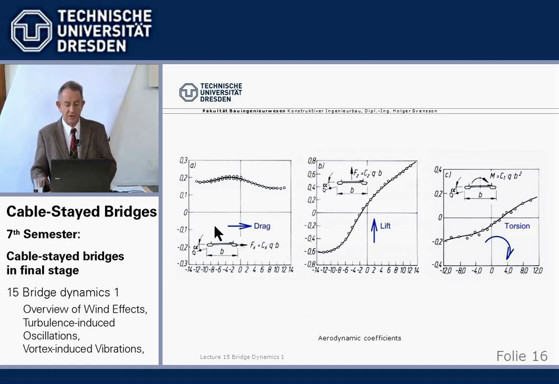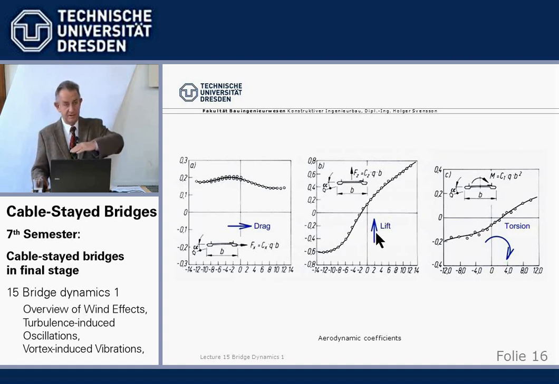Well, first of all, we have the horizontal, the drag. That's 0.2 times, it's always the width. It's more or less constant for wind angles of attack, 0.2 something.